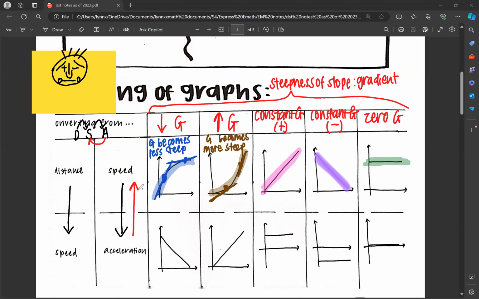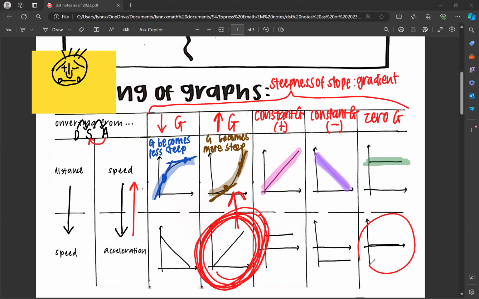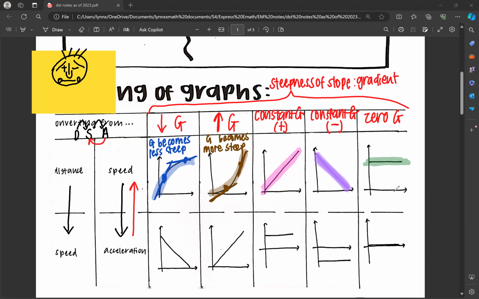So if the acceleration graph is given, do I look at the top? No, I look at the bottom. Let's say they give me this one. So what's the answer? The answer is here. So if they tell me the acceleration is this one here, what's the answer? The answer is here. Do you understand how to use it now? And it's the same thing also. If I want to go from speed to distance, I'm going from bottom to top. Now copy all this down first.